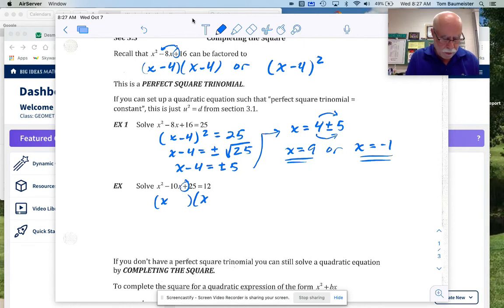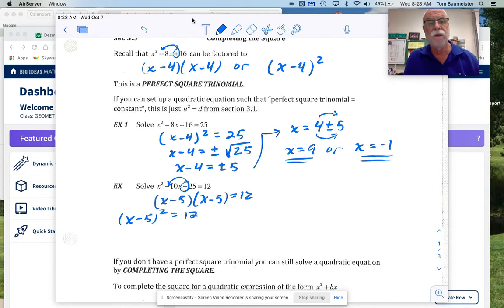Since this one here is positive, I look at that one there. They're both negative. And what are two numbers that when I multiply them give me 25, and when I add them give me negative 10? That'd be negative 5 and negative 5. This is going to equal 12. Or we can say x minus 5 squared is equal to 12.